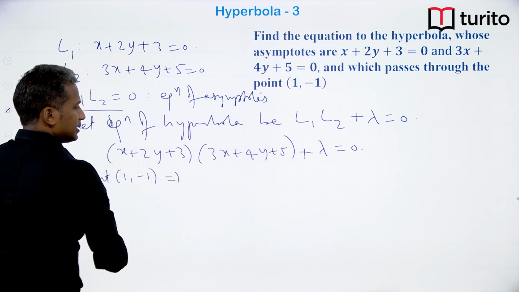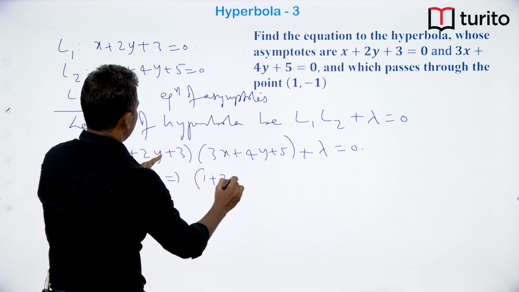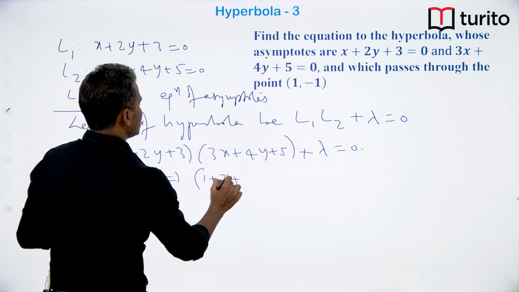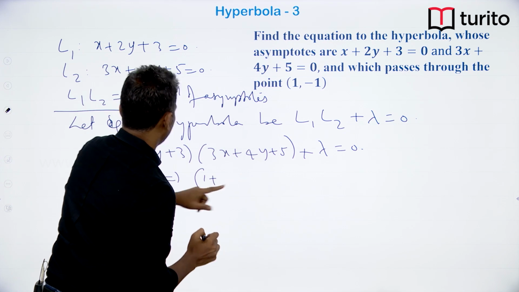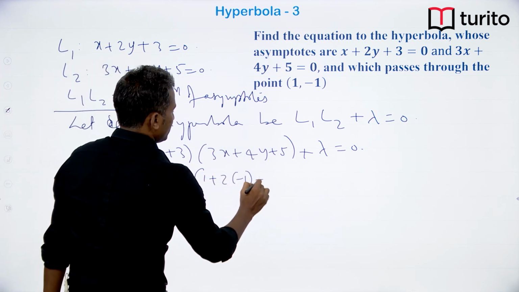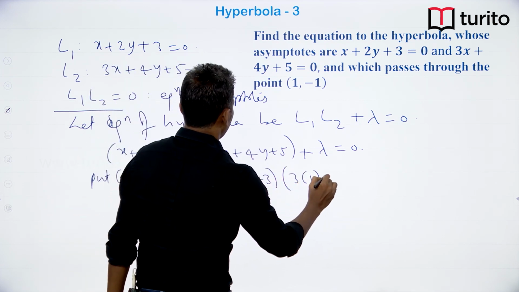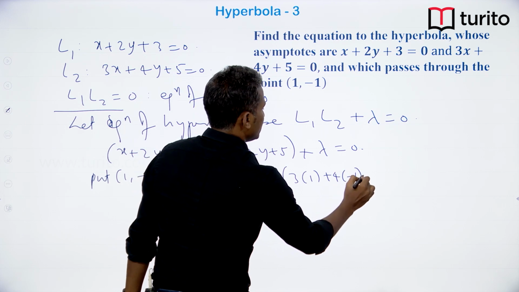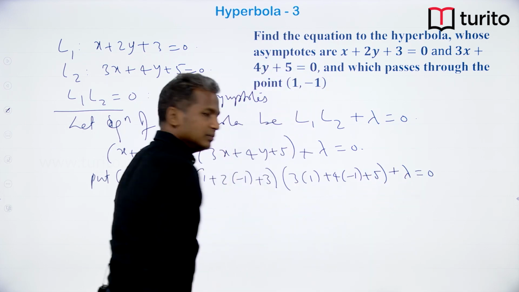What do I get here? If I put 1, I will get 1 plus 2 into minus 1 plus 3 into, similarly here 3 into 1 plus 4 into minus 1 plus 5 plus lambda, this must be 0.